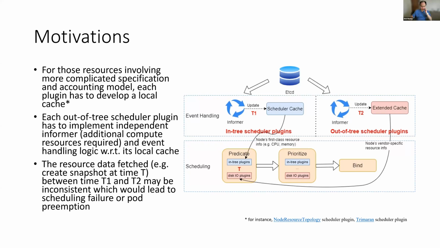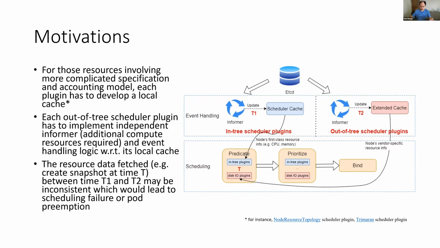Hold on for a second. By inconsistent, the inconsistency can happen even within the in-tree scheduler plugins. That is why at the beginning of every scheduling cycle, we take a snapshot. It's not recommended to go to the cache at any time during your scheduling cycle to fetch the latest fresh data, because we know this kind of inconsistency can happen.